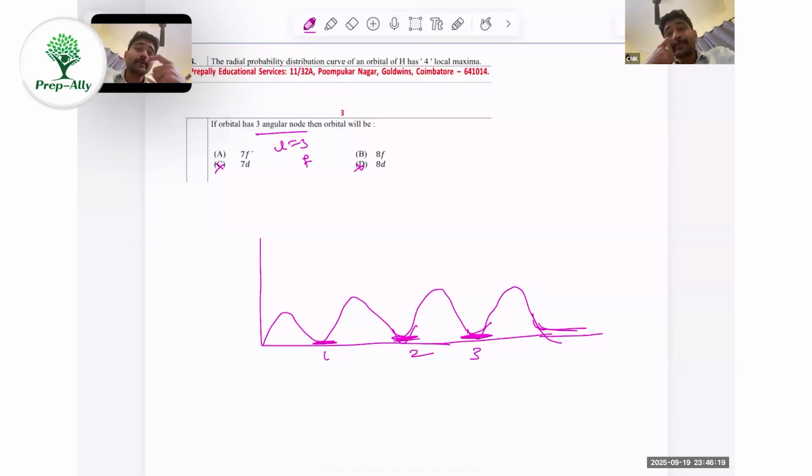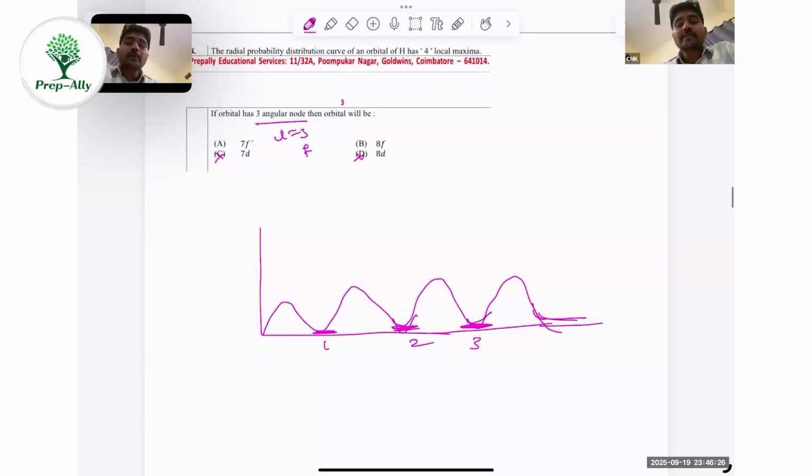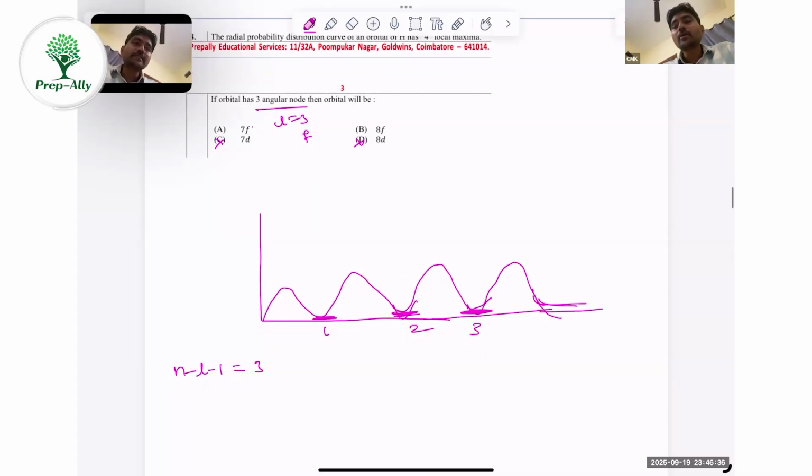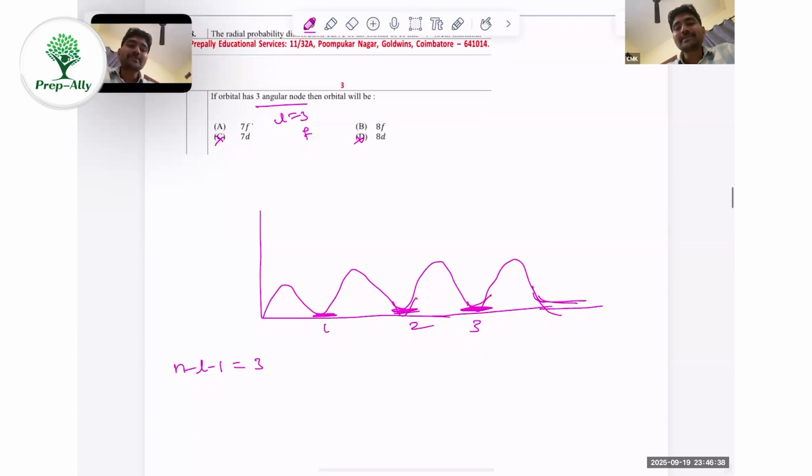So A and B. Angular node L value has been given, and 4 local maxima has been given. Radial nodes formula: n minus l minus 1, which is equal to 3, since 4 local maxima are there.